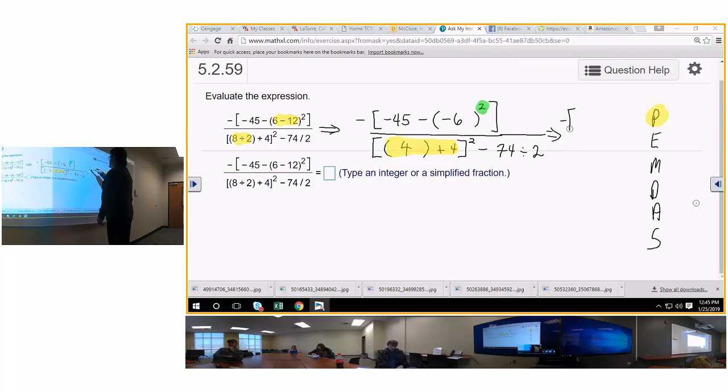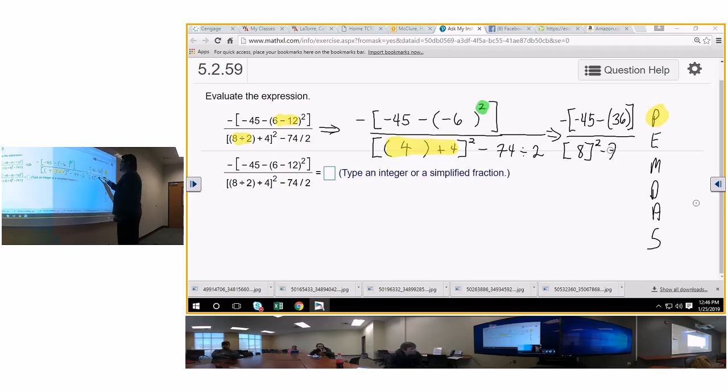Negative brackets, negative 45 minus, what is -6 times -6? 36. I'm going to put a 36 right there. I'm going to leave it in parentheses to let you know that I took the -6 and raised it to the second power. Over, what is 4 plus 4? 8. And I'm going to put a 2 there.